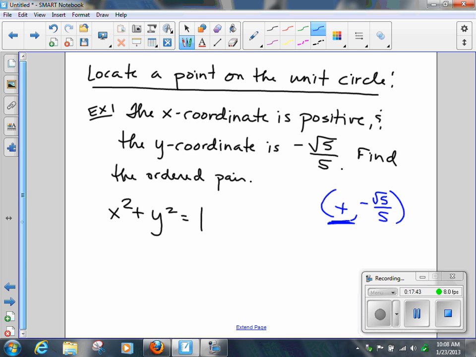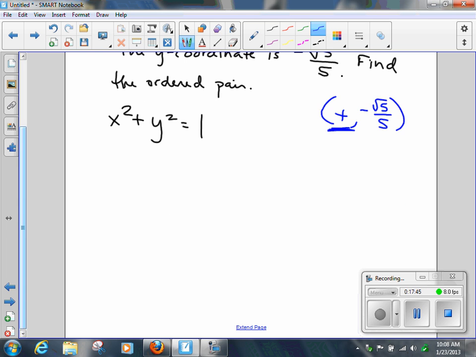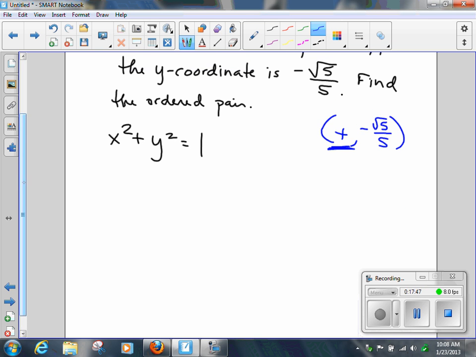So what do we do? Plug what where? X squared, I heard it, plus negative root 5 over 5 squared equals 1, right? Yeah? Now we're solving for x.